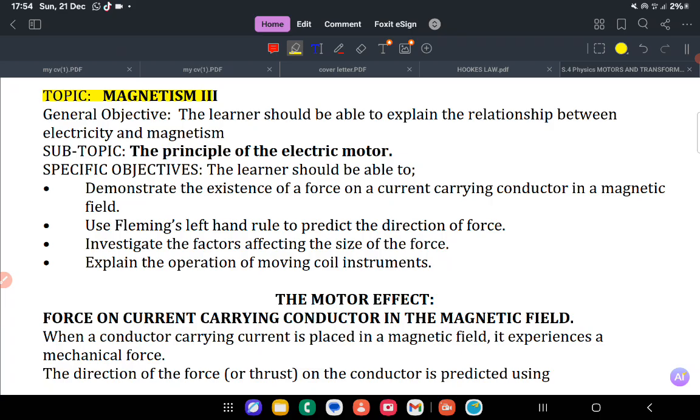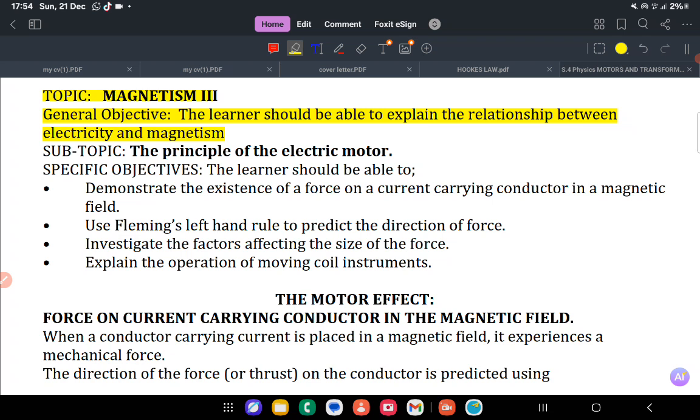The general objective of this topic is for you to be able to explain the relationship between electricity and magnetism. Remember, the relationship between electricity and magnetism is called electromagnetism.